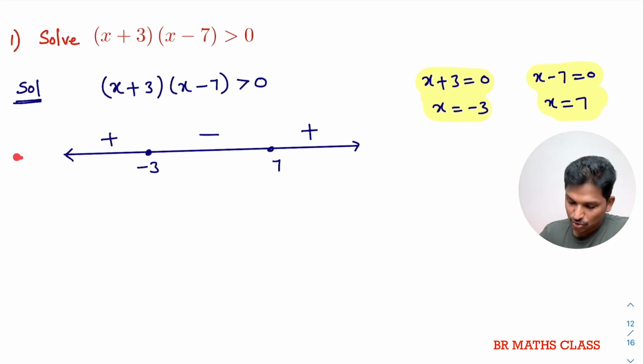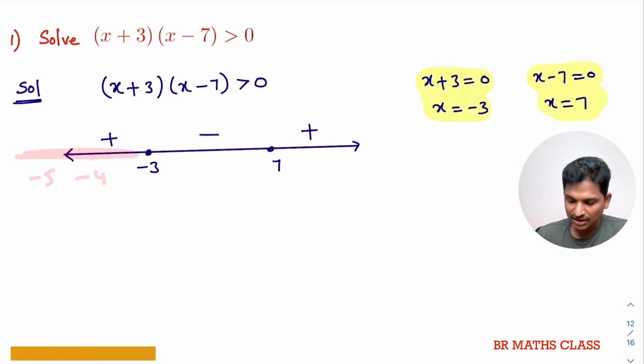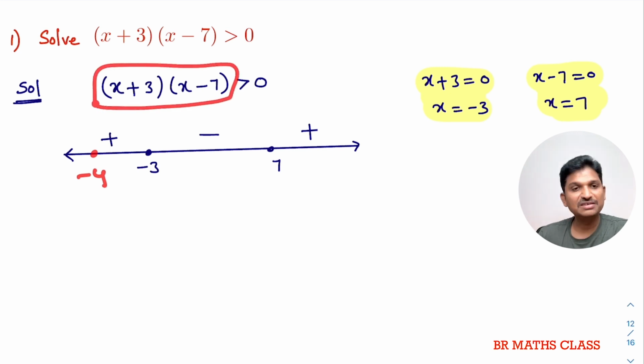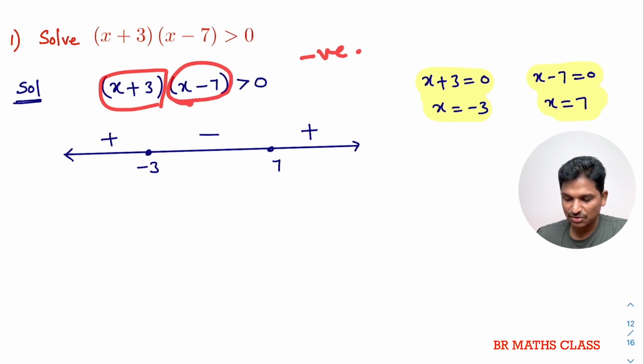Not only that, you take any number in this other part, like minus 4, minus 5. If you substitute that number in this inequality, it must and should satisfy. For example, substitute minus 4 plus 3, which is minus 1, negative. Then in place of x, minus 4 minus 7 is negative.